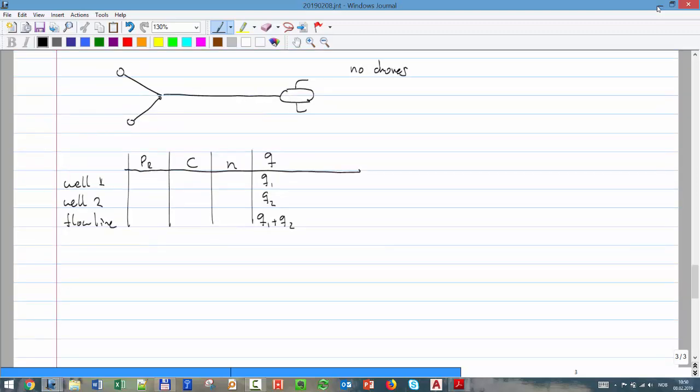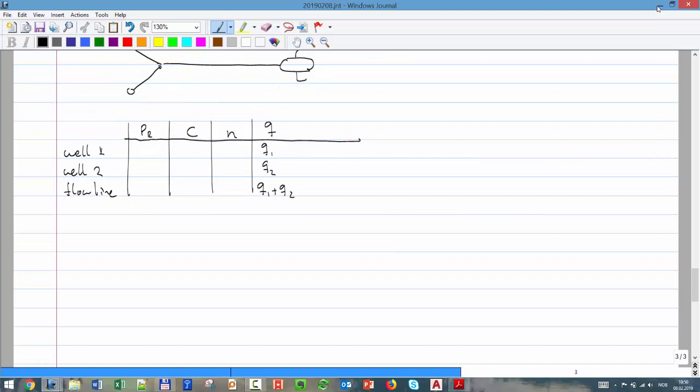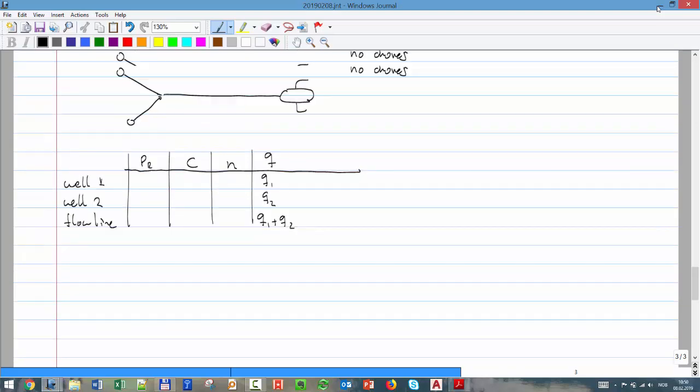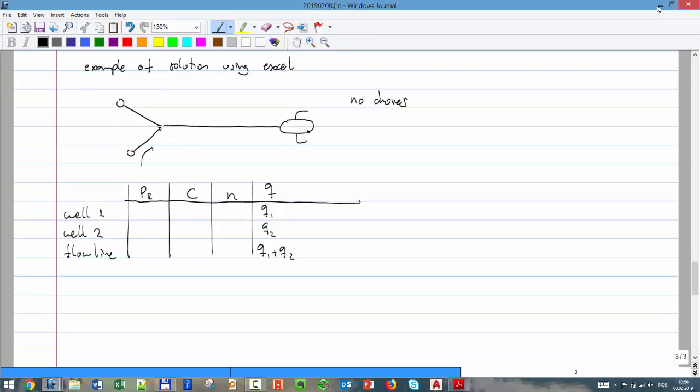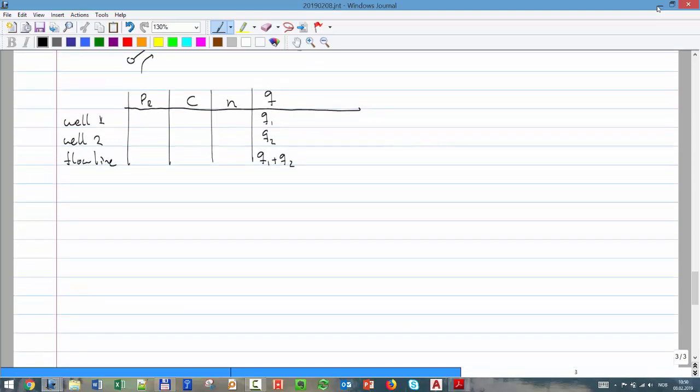Now, one reason I don't like to... you know what the principle is, right? You have to assume a rate or assume a pressure, and then iterate to find the real pressure. Now, there is one problem with iterating with rate. The first thing we have to calculate is PWF, and then move to P wellhead, P junction.